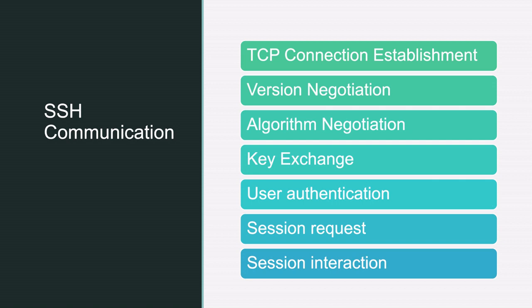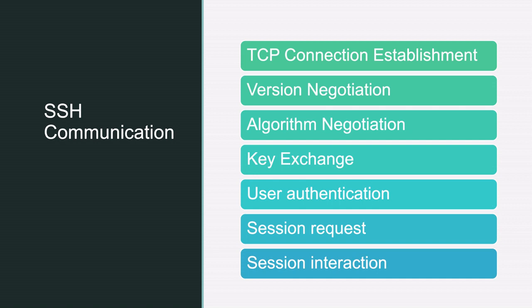Once the algorithm and the keys that are going to be used between the client and server are negotiated, these keys are exchanged using the different algorithm, and they are used for establishing a secure communication channel between client and server.